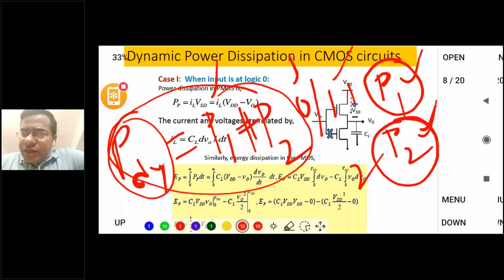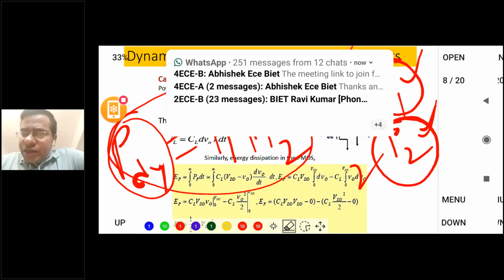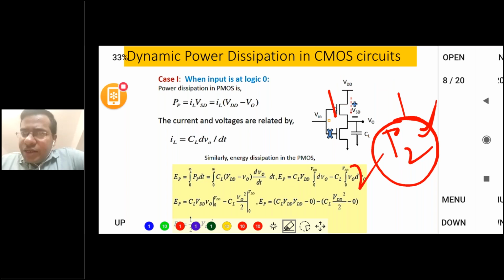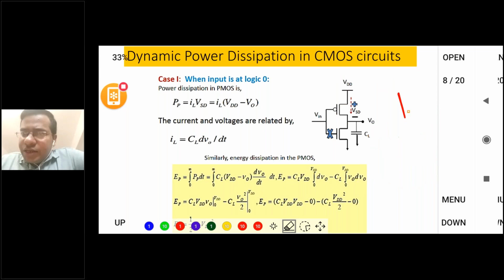As I already told you, there are two cases. In case 1, I consider the input logic 0, and in case 2, I consider the input logic 1.